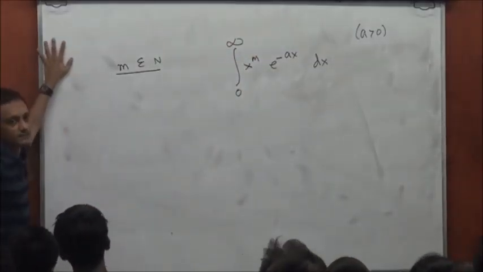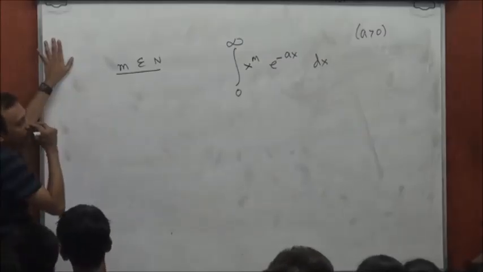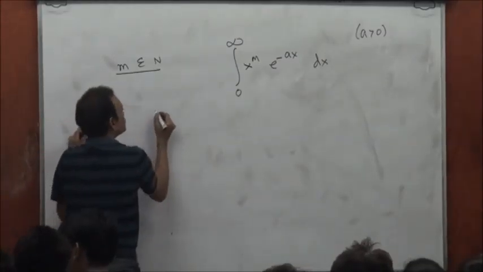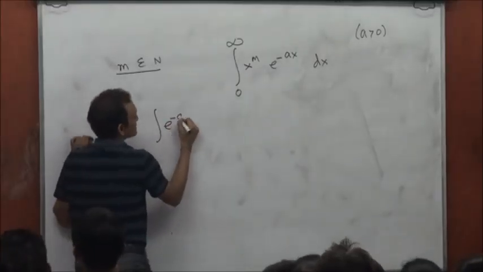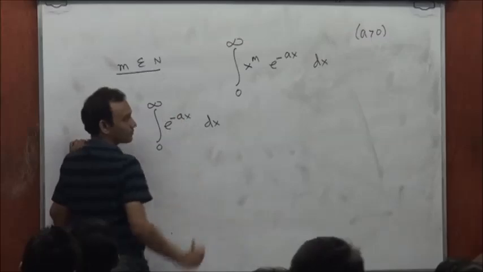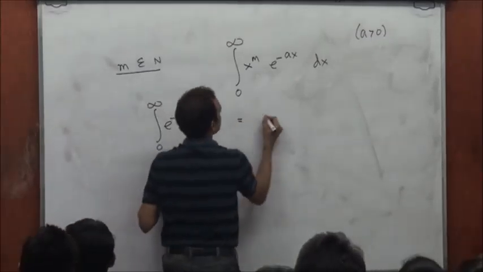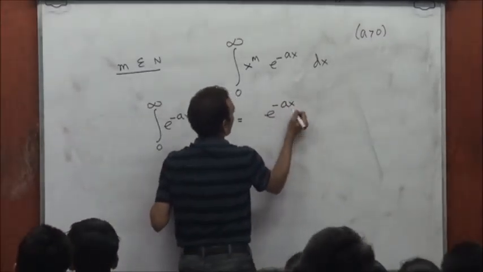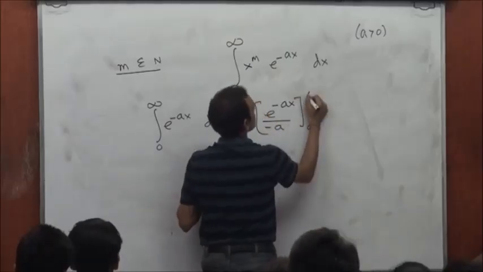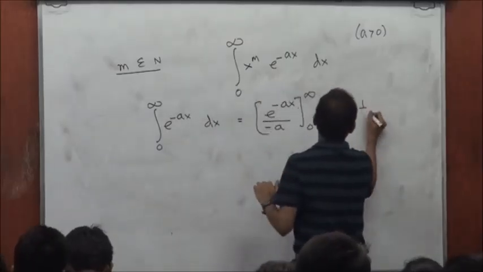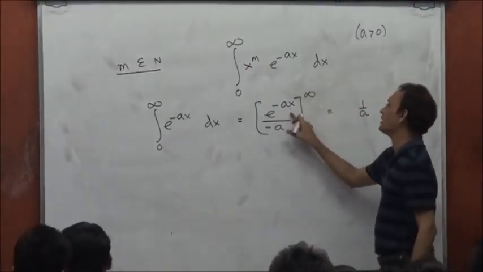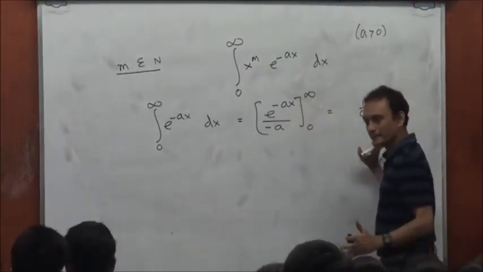What I do is, I just look at e power minus ax from 0 to infinity. Very clearly, the integral of e power minus ax is going to be e power minus ax by minus a from 0 to infinity, which will be 1 by a, because at x equal to infinity, this will be 0. At x equal to 0, it will be 1. So 0 minus 1 by minus a. So 1 by a.